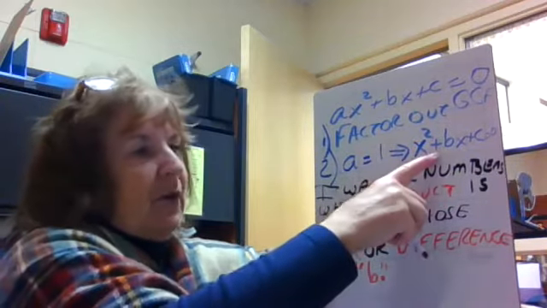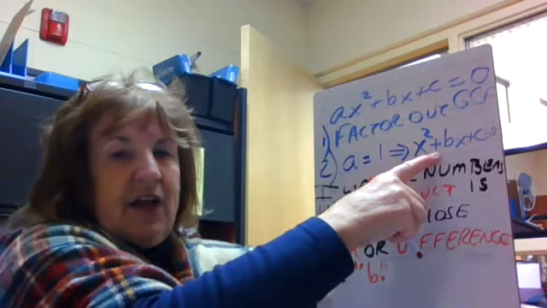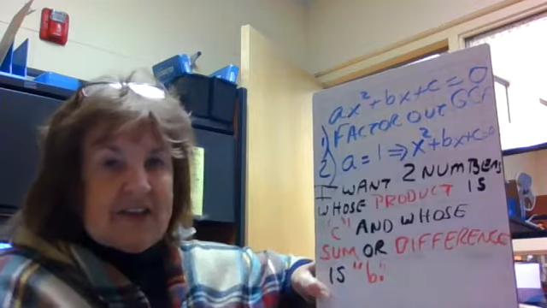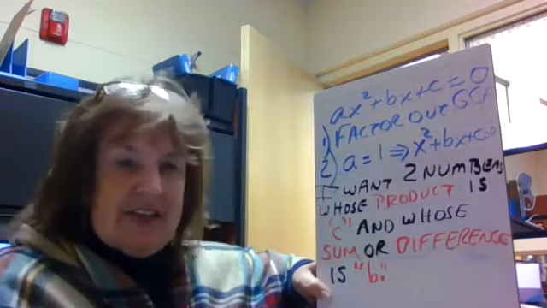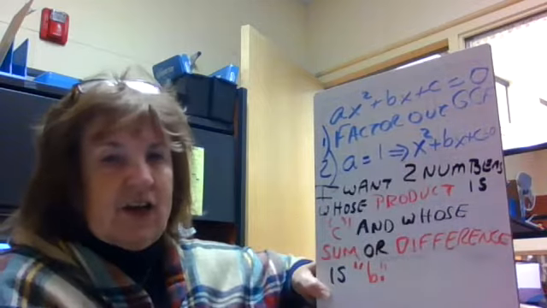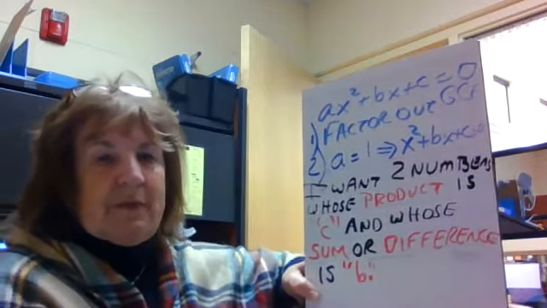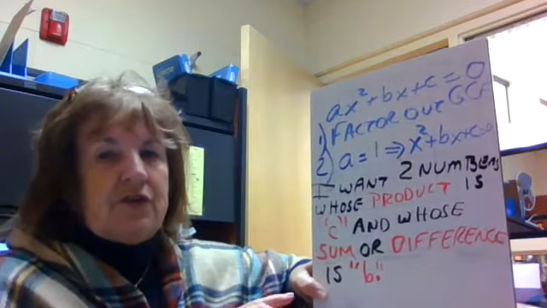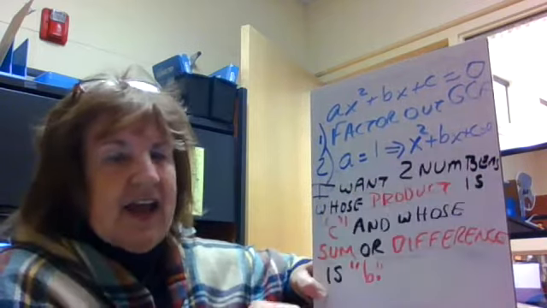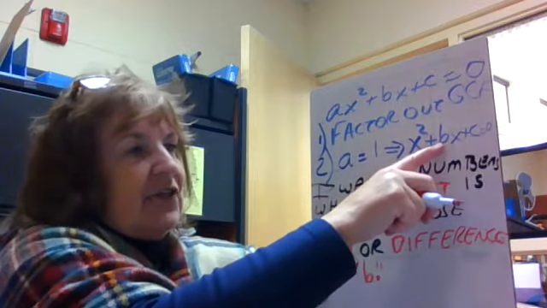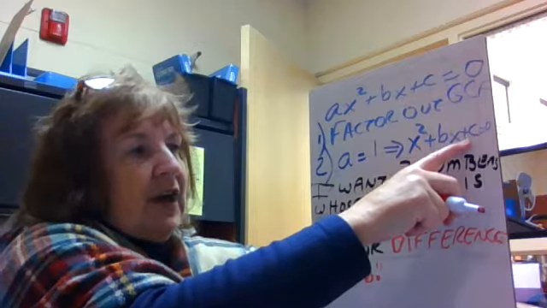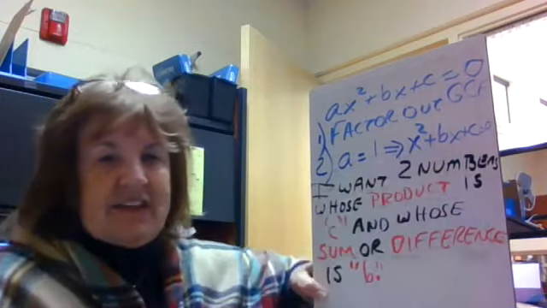When we actually go to write our final answer, then we'll look at that sign and use common sense to figure out what the answer is. So we're not going to turn it into a big problem. We're looking for two numbers that multiply together to get the C, and then they will add together to get the B if that says plus, or we'll subtract them to get the B if that says minus.